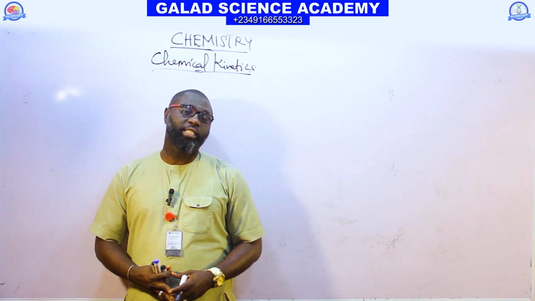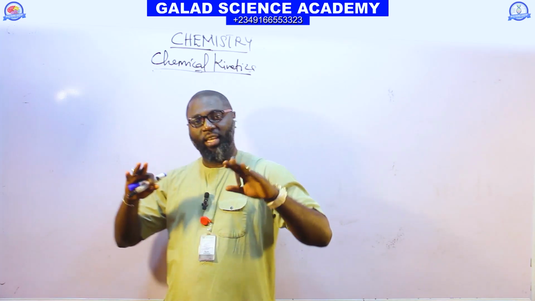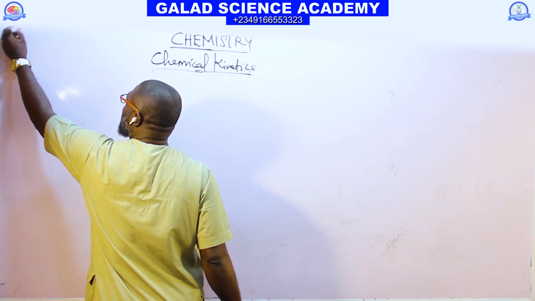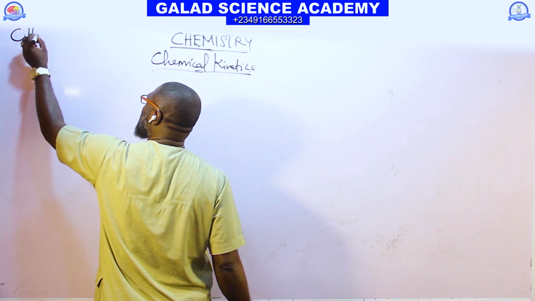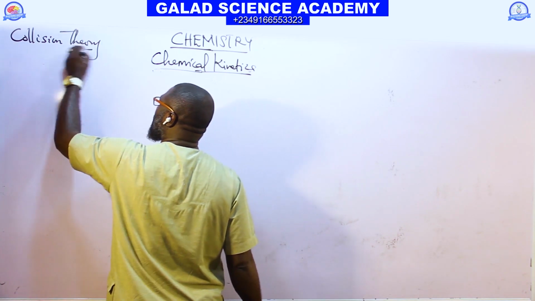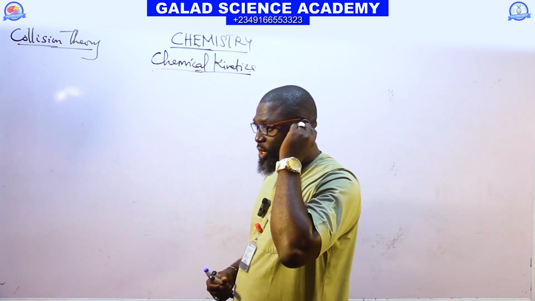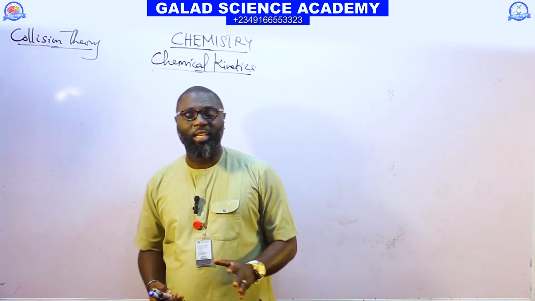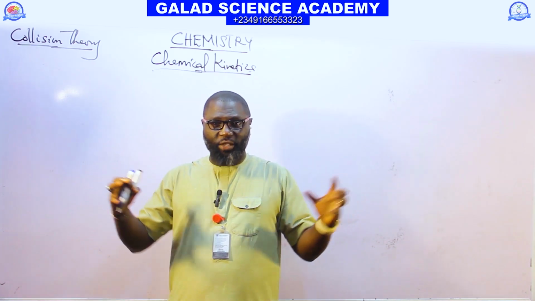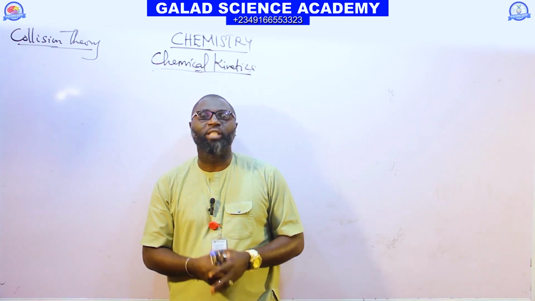So the next aspect of chemical kinetics we are going to treat now is collision theory. It states that for a chemical reaction to occur, there must be an effective collision between the reacting particles.